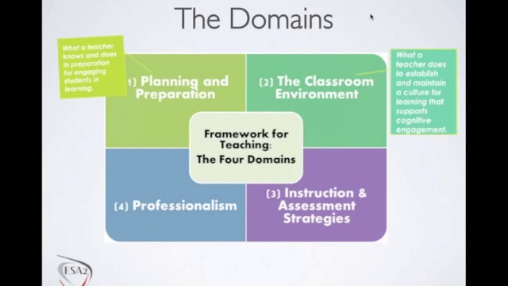Then we have domain 2, which is the classroom environment. That's the things that your teachers do in order to create an environment that honors, respects, and fosters academic risk-taking. And again, I'm going to go back to the Common Core on this, because if your students are not taking academic risks, then they're not going to be reaching the high level that is called for in the Common Core.